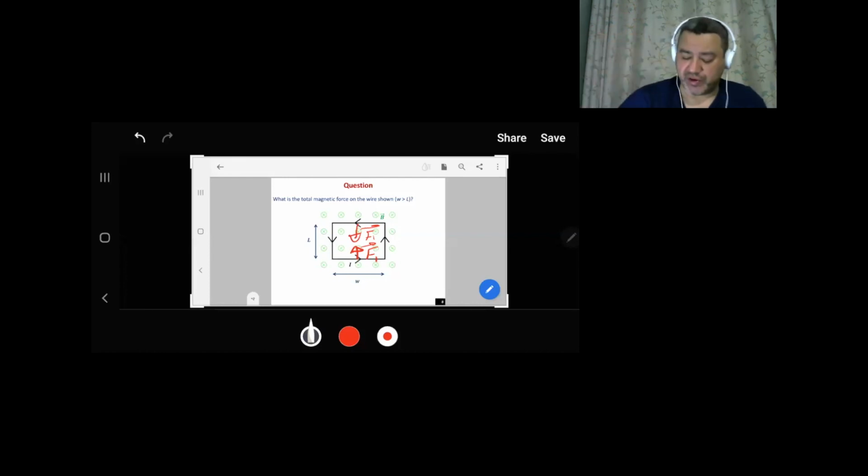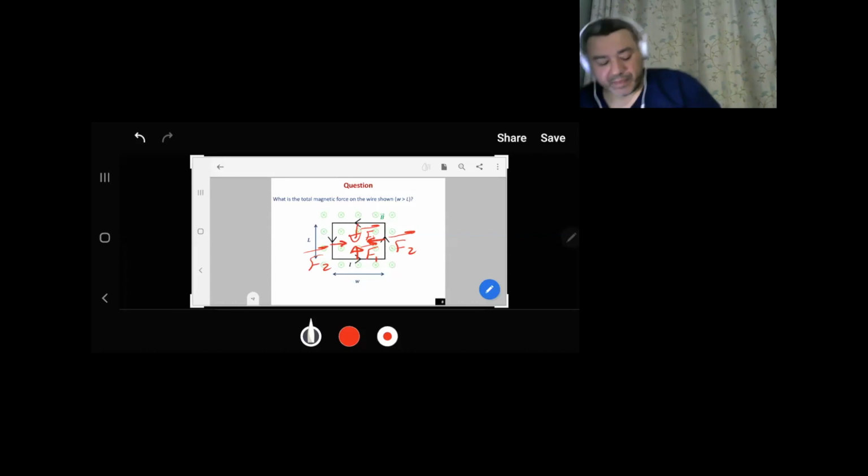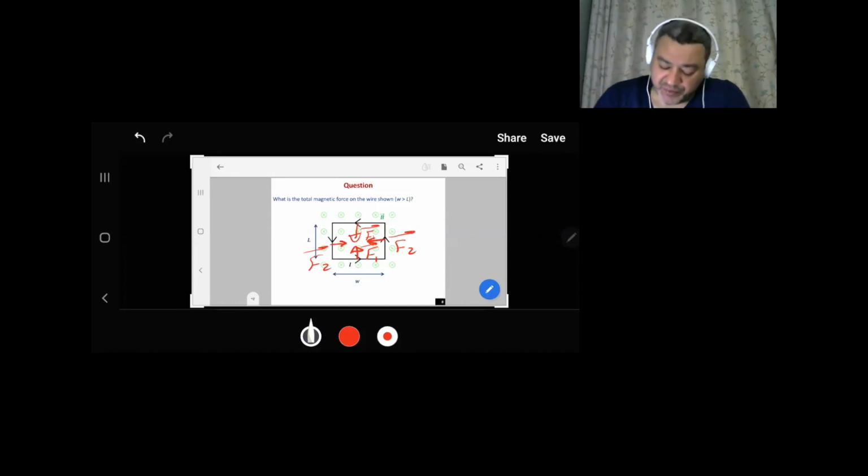Then my force will be pointing inward as well. So here is my force. This force will be equal to that force, as you can see here, because the current is in the opposite direction and I have the same length. The net force applied on this loop in that location would be 0.